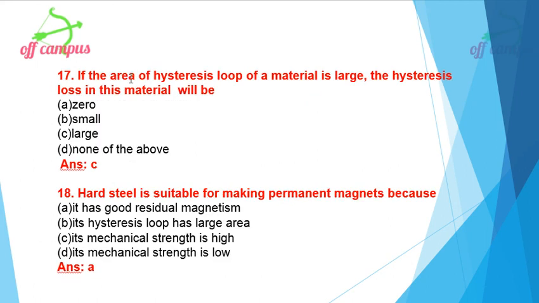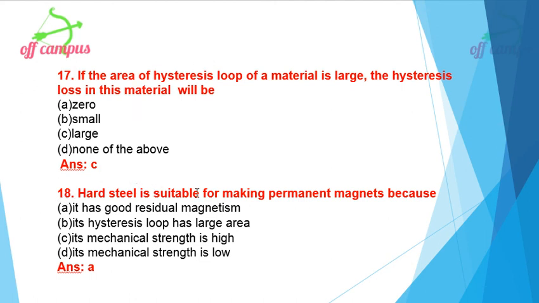Then 17. If the area of the hysteresis loop of a material is large, the hysteresis loss in this material will be large also. So, option B, large, is the right option. 18.